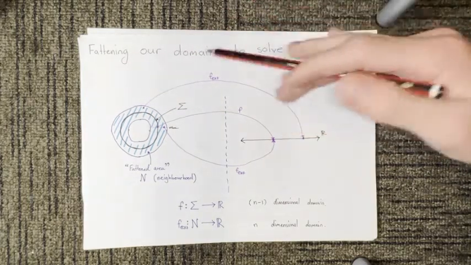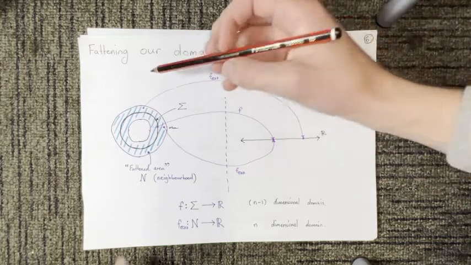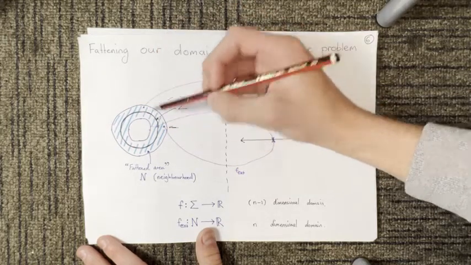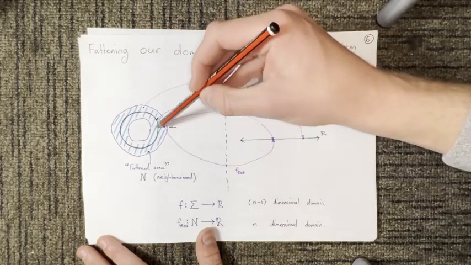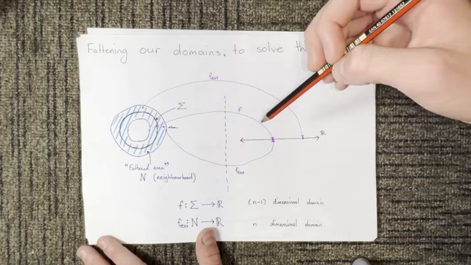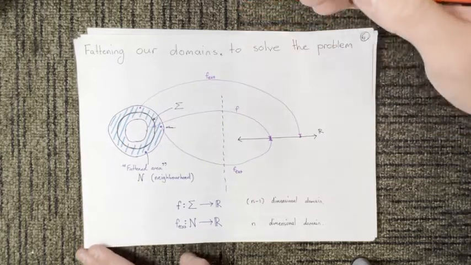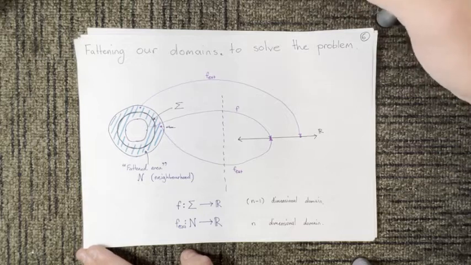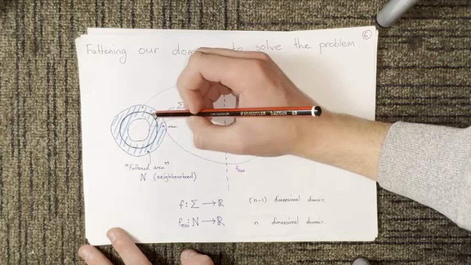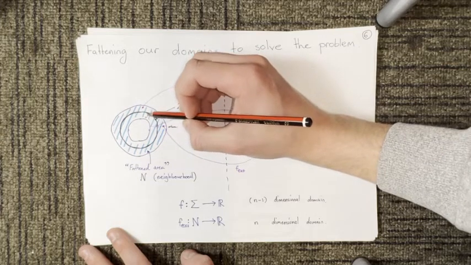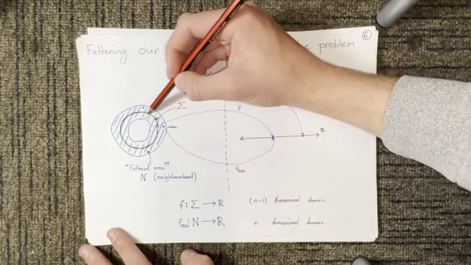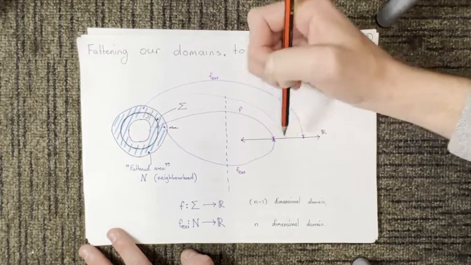Now, what you actually do with this is you can say our function f, which used to take a point on the hypersurface of the circle and assign it to a real number, instead, what we do now is we define the extension of f, and I'll come to how you actually do that soon. But intuitively, you just take a point somewhere on this fattened area, and you draw a straight line to the closest point on the circle, and then you evaluate the function there, and then that will go to somewhere on the real line.